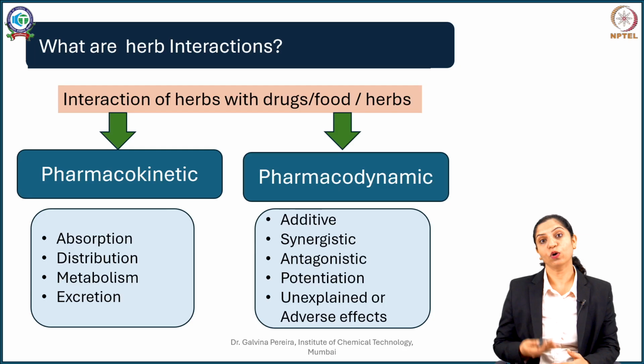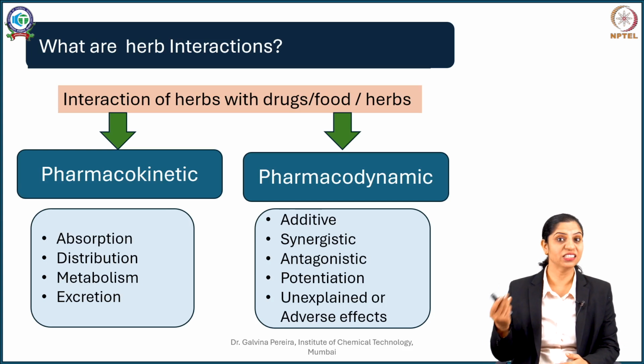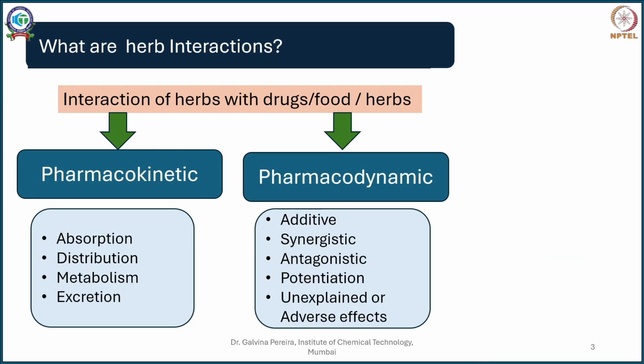Pharmacodynamic effects are the biological effects that we pursue in terms of activity. The effect of consuming herbs with other drugs, herbs as well as foods can be additive, synergistic, antagonistic, potentiating, as well as, in some cases when the effects are way beyond control, it can lead to what are called adverse or unexplained reactions.